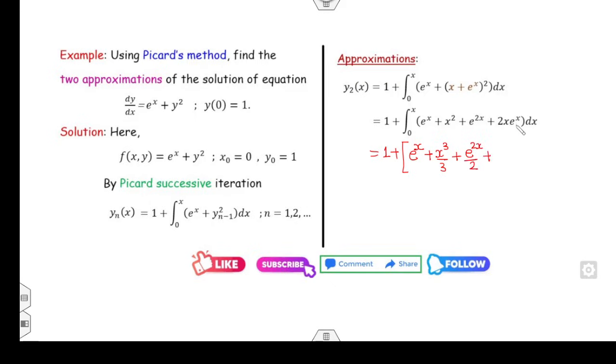And how can you find these integrations? Fine. Either you can use the Euler formula, or you can use integration of uv, that is the first function, integration of the second function minus derivative of the first function, integration of the second function.